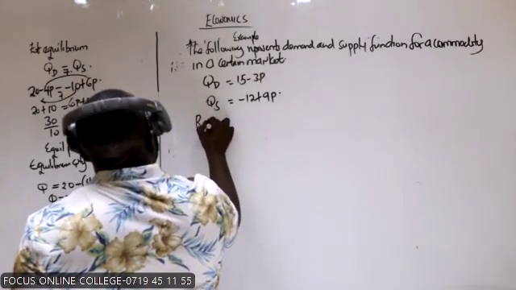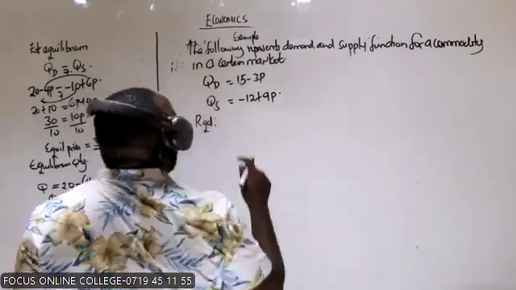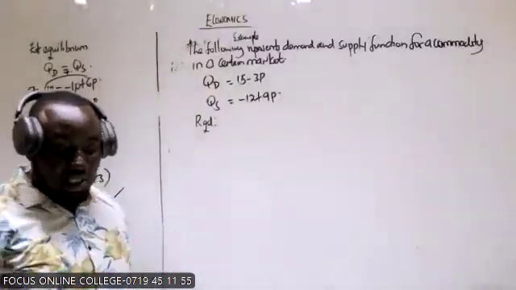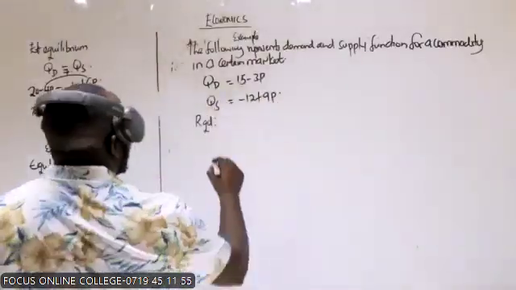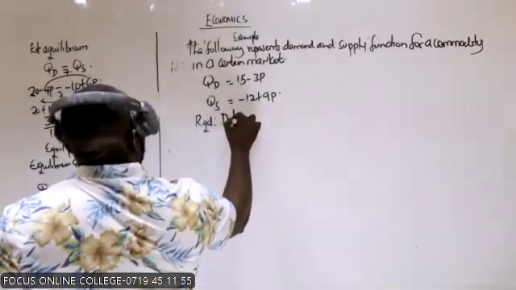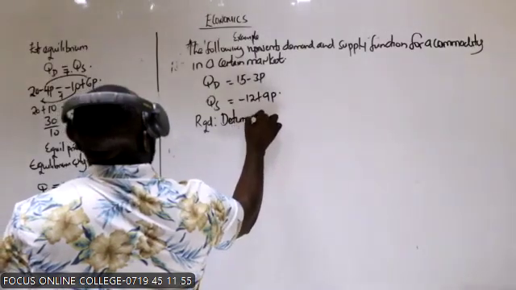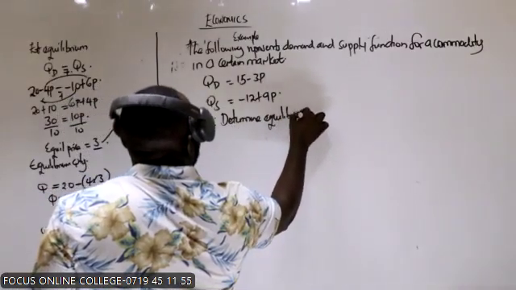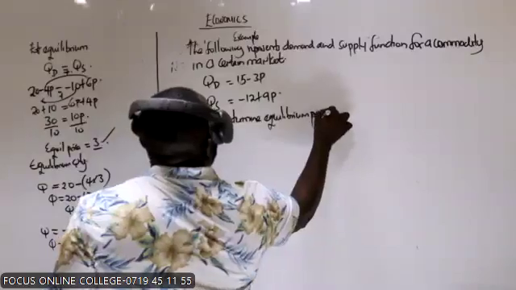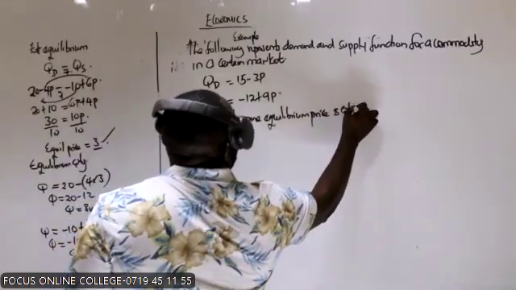So then we have what is required: one, determine equilibrium price and quantity.